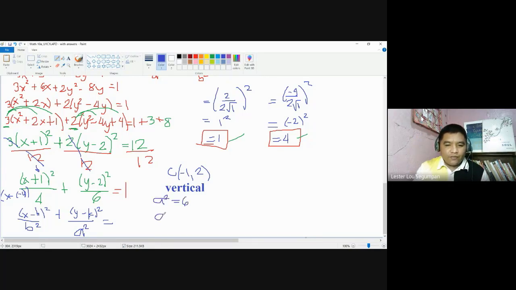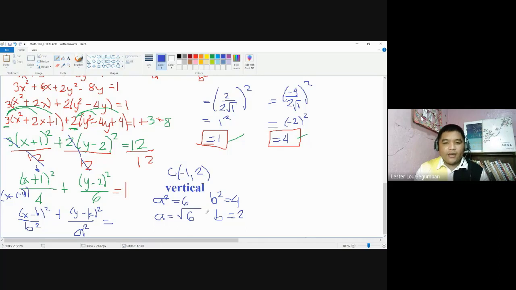So a is plus minus square root of 6, but the positive will be taken, square root of 6 only. For the b squared, it's 4. So b is positive 2. Square root of 4, positive negative 2, but then again, we only accept the positive answer.